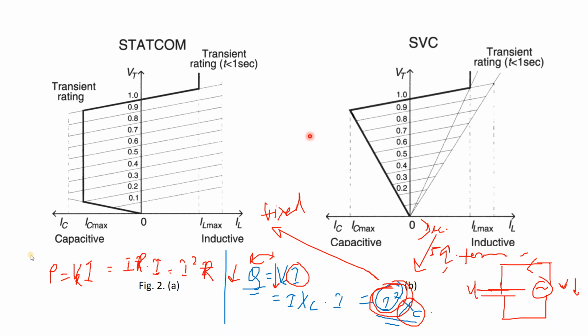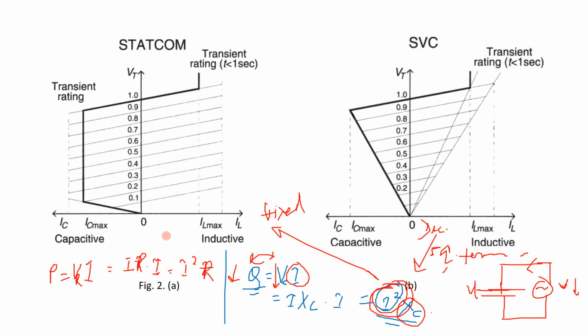Suppose you want current I for SVC at 0.5 per unit. If you take a low rating, then the current will be 0.5 I. If you take a higher rating, suppose 2I, then 0.5 of 2I means I, isn't it?